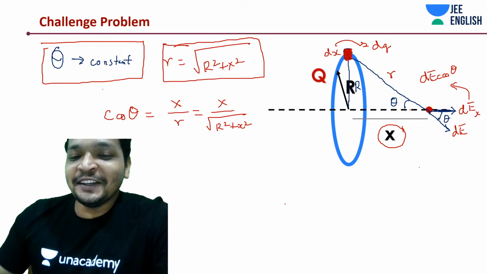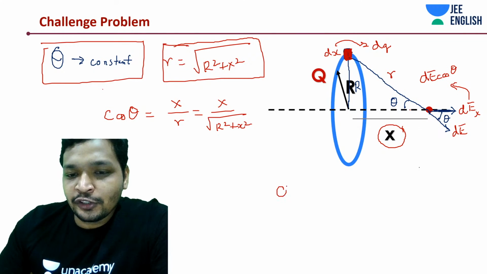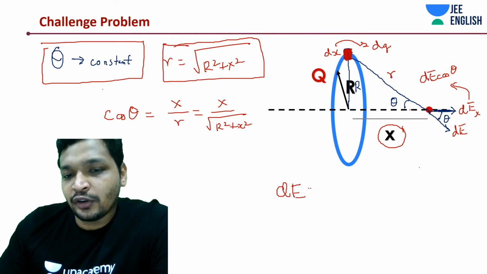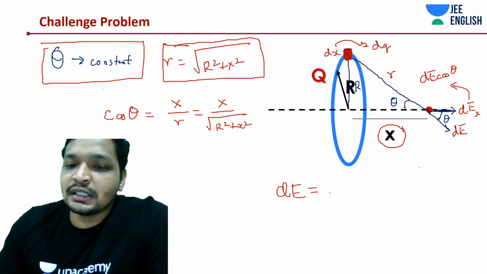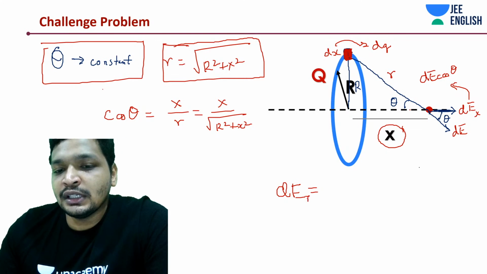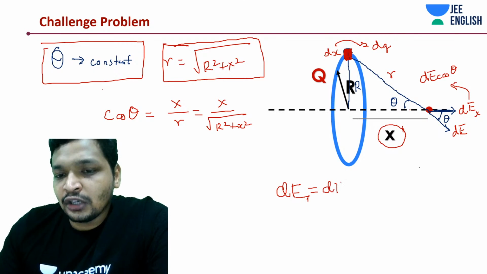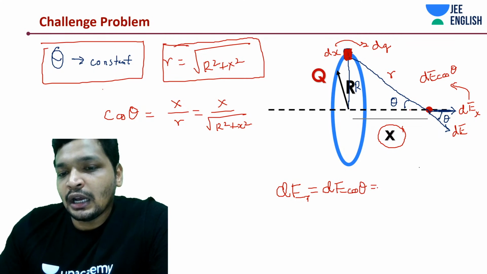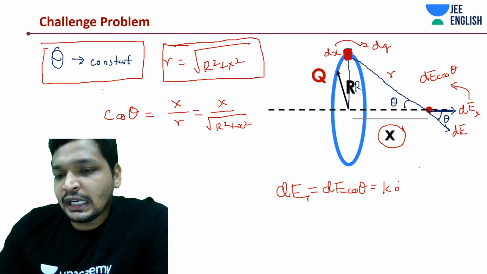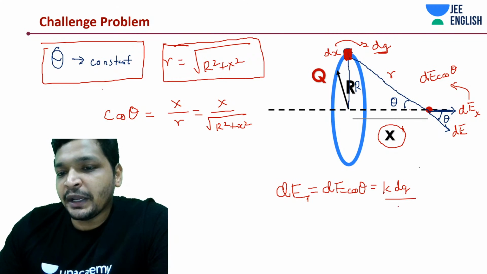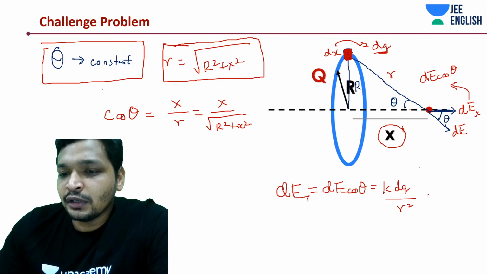Let's come to the field part, which is the easiest part. If I talk about the small field around that point, let's write it down as dE cos theta, which is going to be k dq, the charge contained in the small element, divided by r squared, times cos theta.